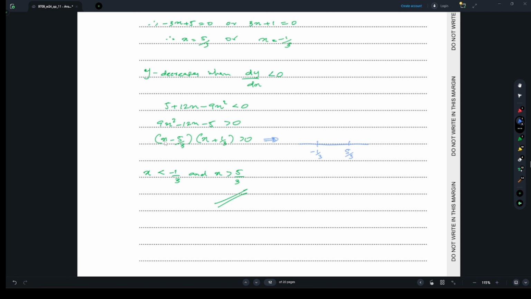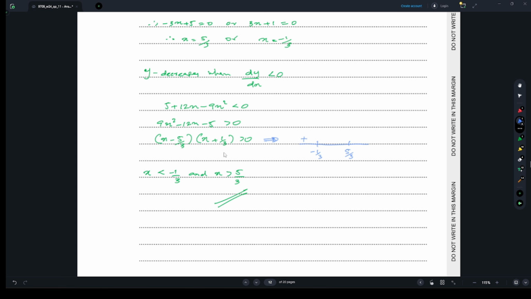So we substitute minus 5 to x. So minus 5 minus 5 over 3, a negative number. We just check the sign. And then in the next bracket, minus 5 plus 1 over 3, you will receive a minus answer, right? So minus times minus, plus. Then between minus 1 over 3 and 5 over 3.